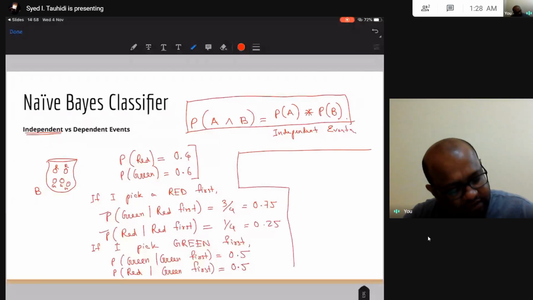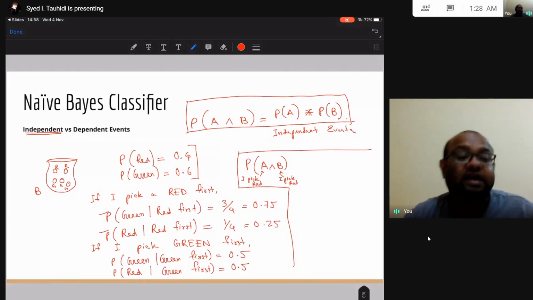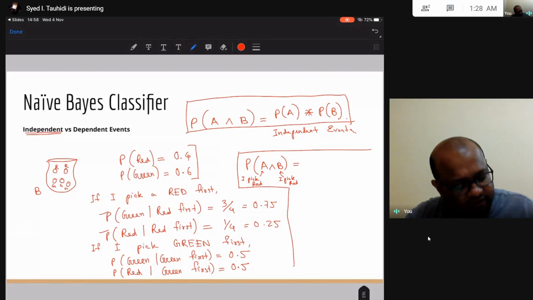The probability of A and B, where A is I pick red and B is I pick red again. What is the probability of I pick red? The probability of I pick red at first attempt is 0.4. Then what is the probability of I pick red again?